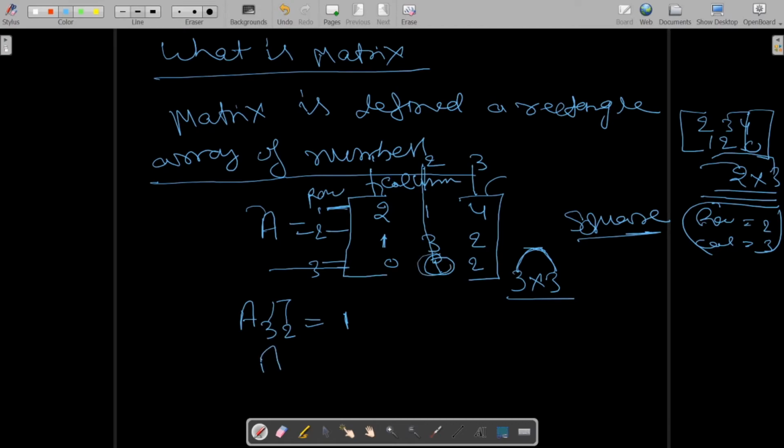If someone says A, row number 1, column number 2, what is the value? Again it is 1, because it is 1 here. If someone says access the value 2 2, go to row number 2 and column number 2, that is nothing but 3. So this is how we access the matrix.